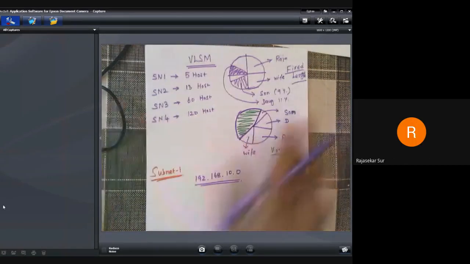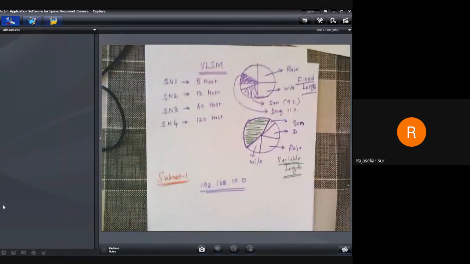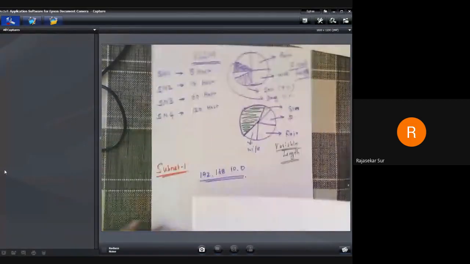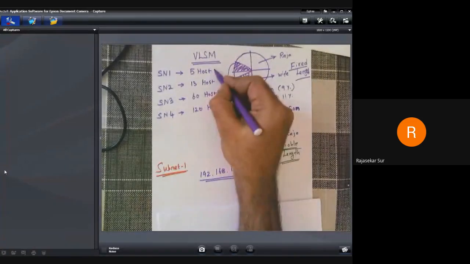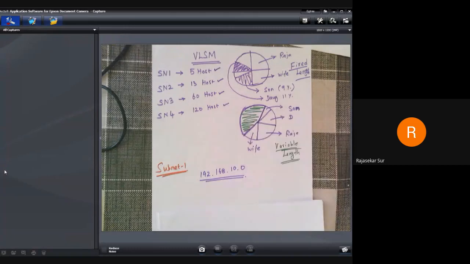Now I'm going to solve this variable length subnet mask. So how to do it? Listen carefully. The requirements are 5, 13, 60, 120. Please keep this in your mind: you have to go for the biggest one first.